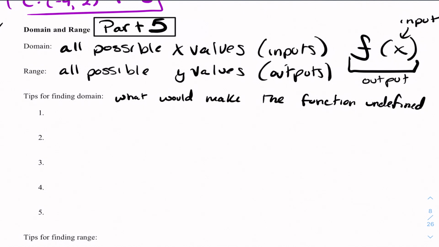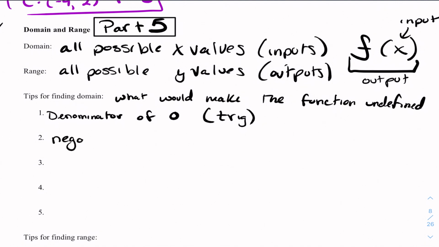So what happens if you have division and you have a denominator of 0? We cannot divide by 0. This also happens when we have any trig function where we get 0 in the denominator. So think tangent, cotangent, secant, cosecant, where we have a function in the denominator. We have to worry about what would make that function undefined.